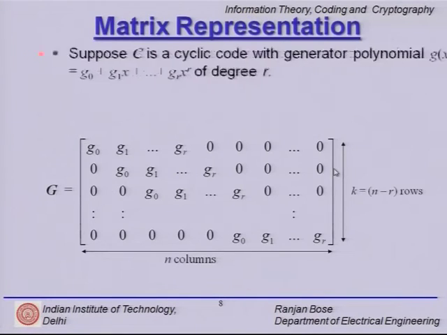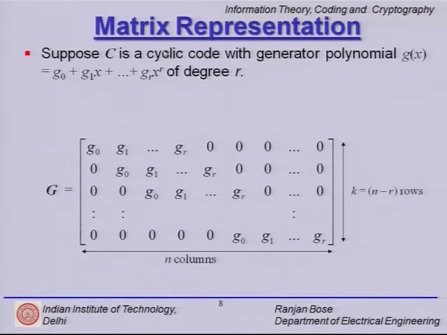We also studied the matrix representation, simply because cyclic codes form a subclass of linear block codes. So, we can see a very symmetric kind of representation of G. What are the rows of G? Each row of G represents a valid code word. The first row is g0, g1 up to gr, followed by all zeros.